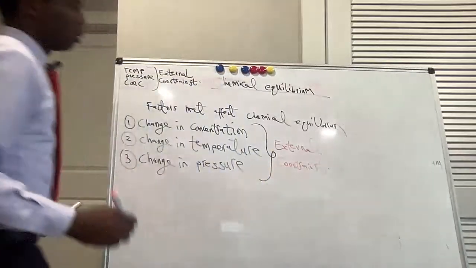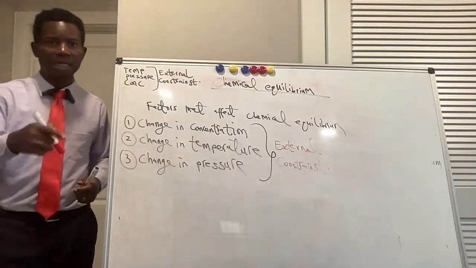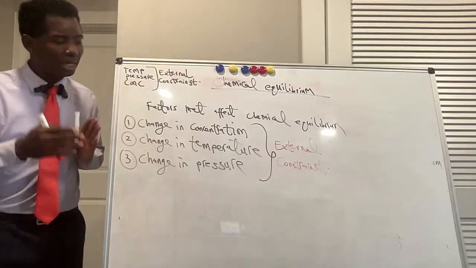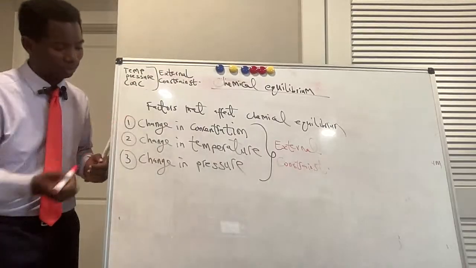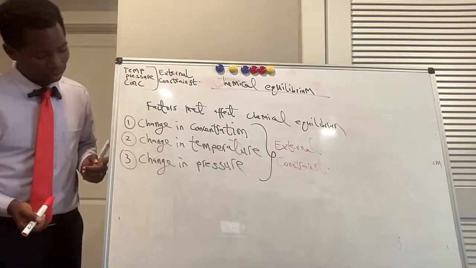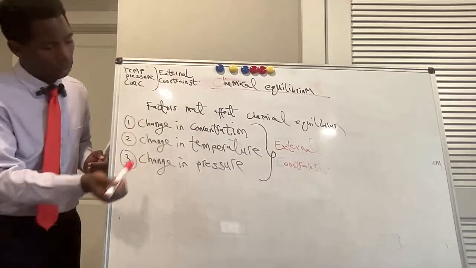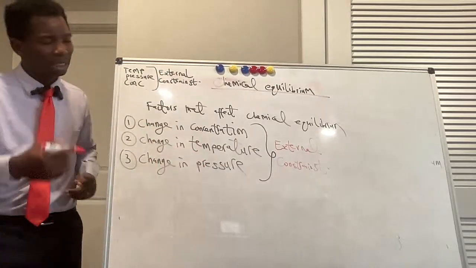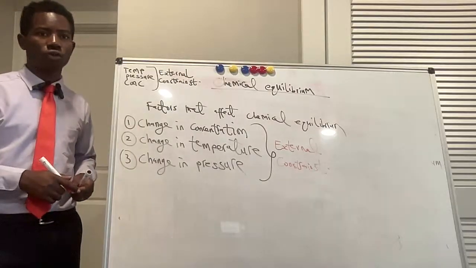So what we defined earlier is that when a system is at equilibrium and there's a change in concentration, temperature, or pressure, the system is going to adjust itself in such a way as to annul the constraint.